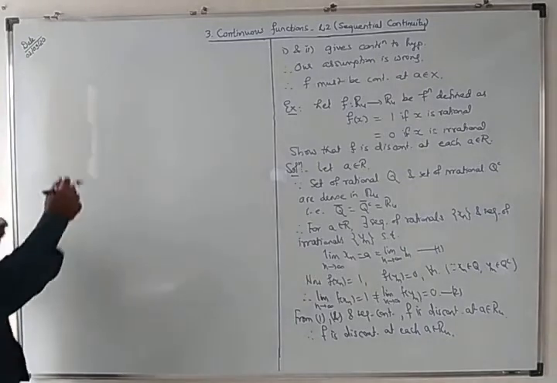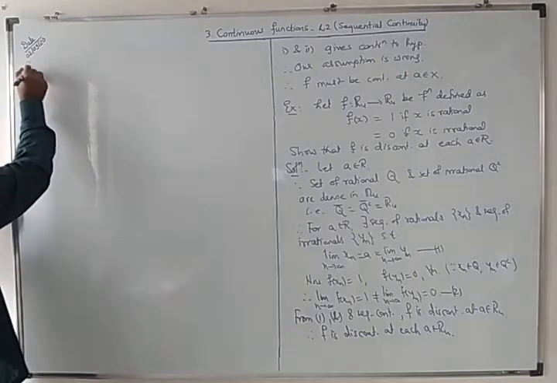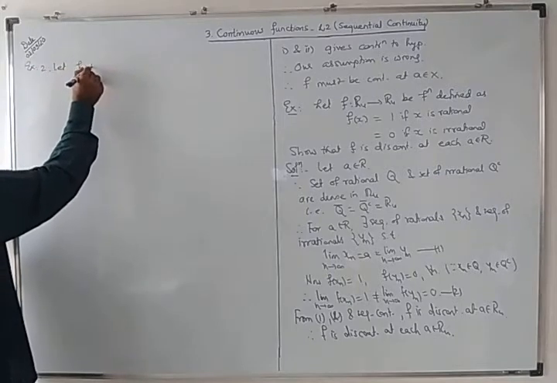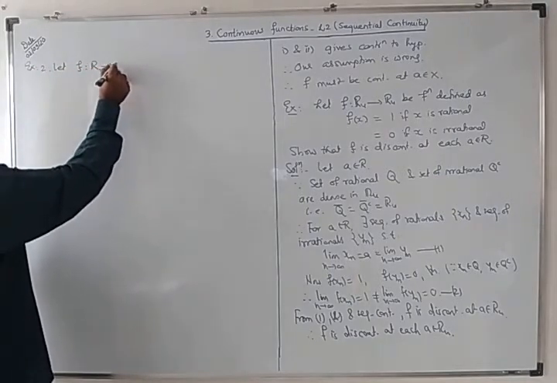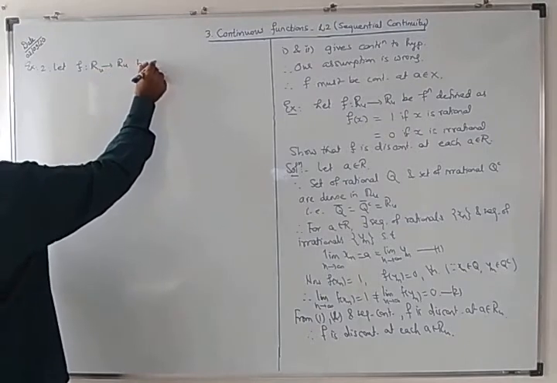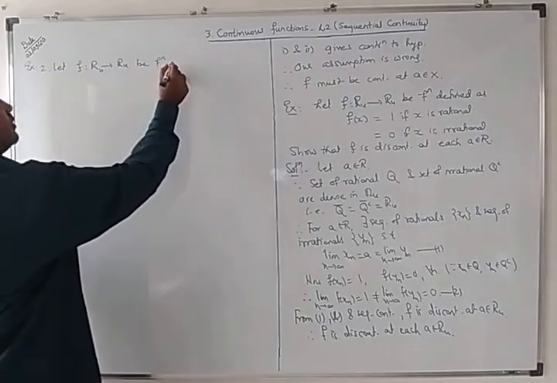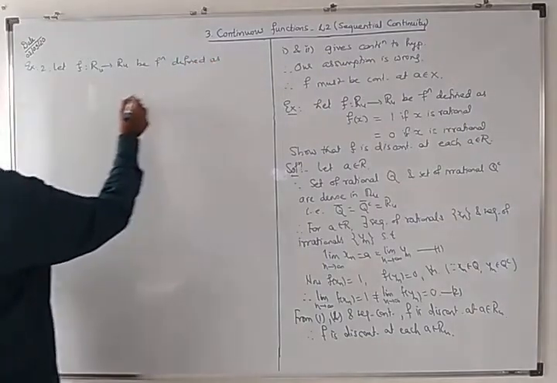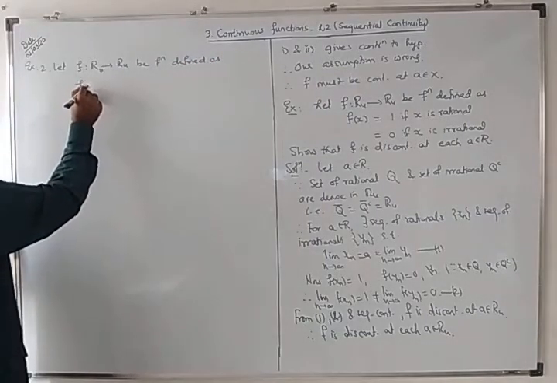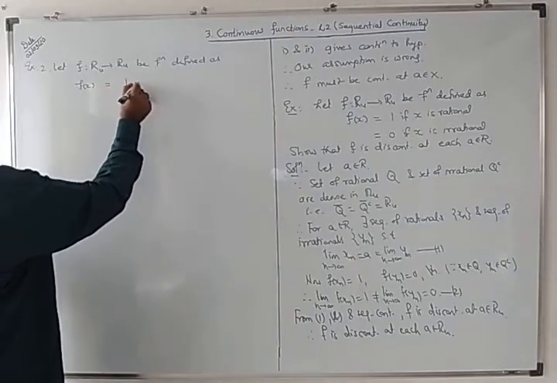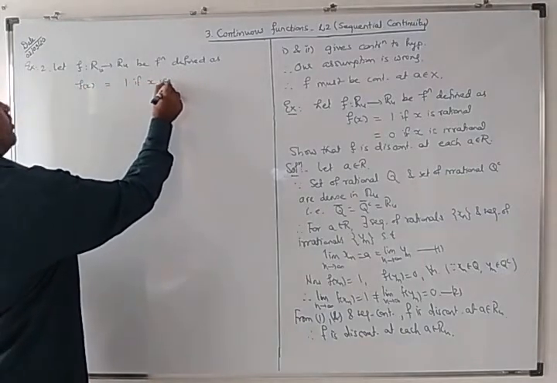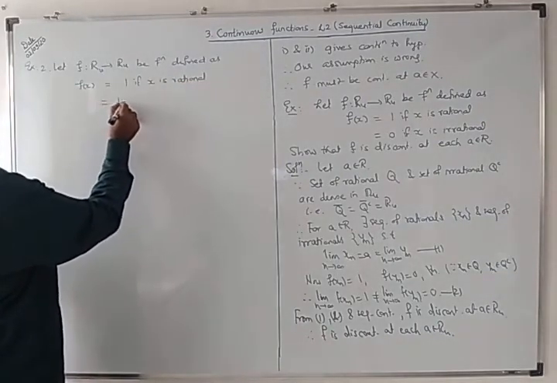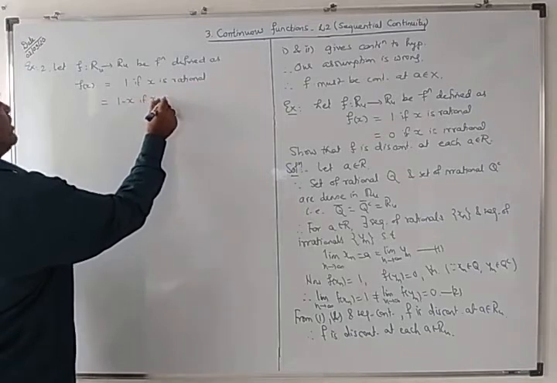Now take the next example. Let f from R_U to R_U be the function defined as f of x is equal to 1 if x is a rational number, and it is 1 minus x if x is an irrational number.